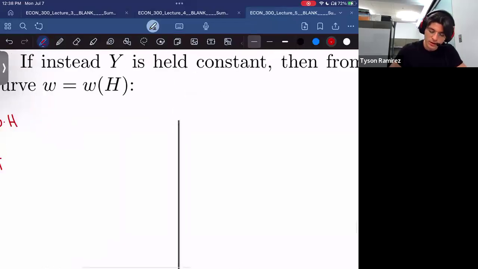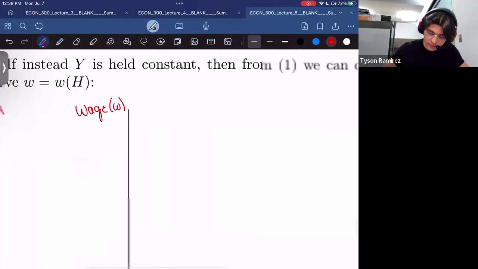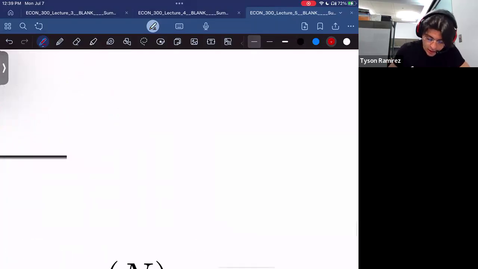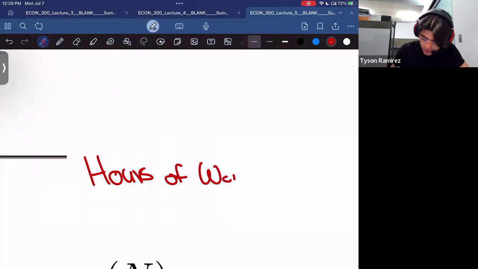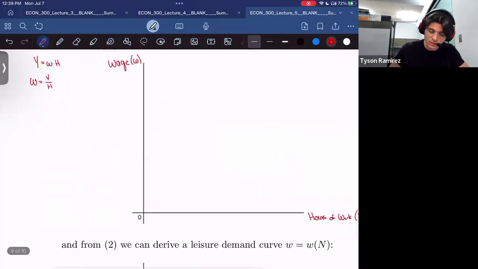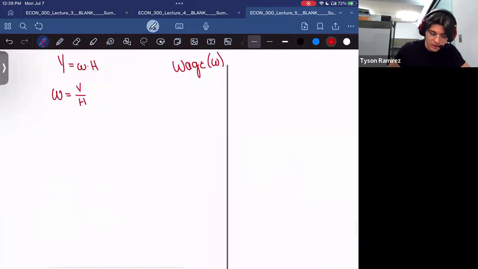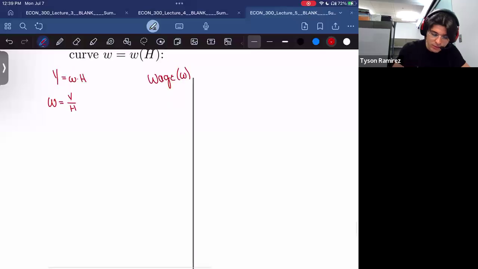All right. And the labor supply curve looks a little something like this. Of course, it would be helpful to label axes. So let's say wage, W, and this is hours of work, H. Let me erase that right now.